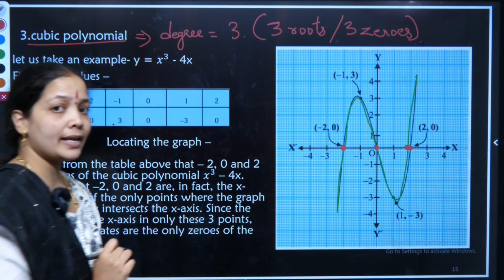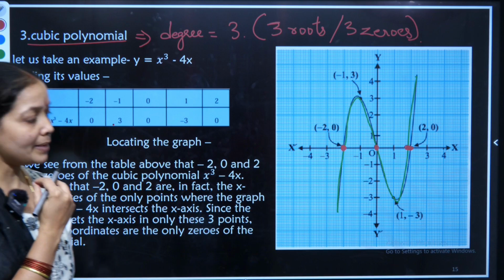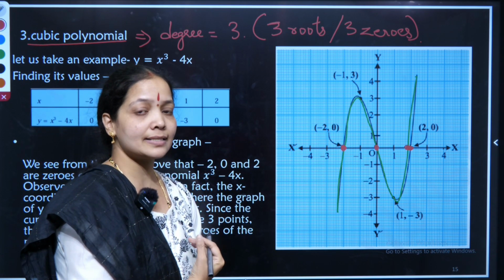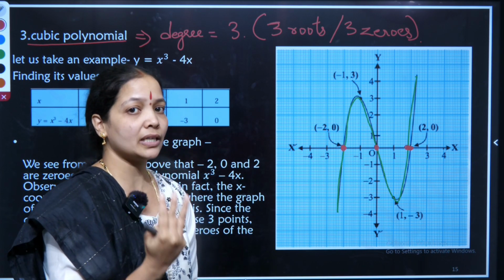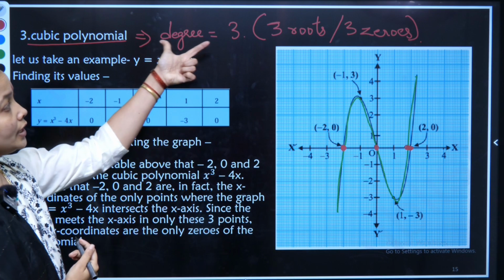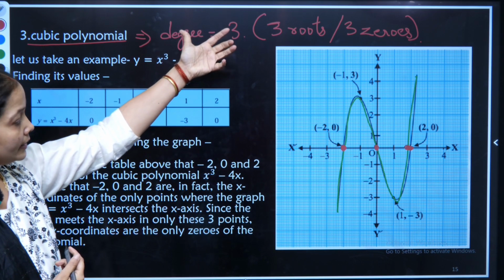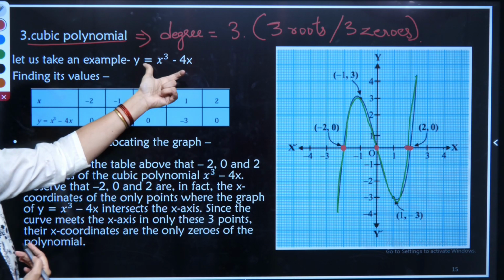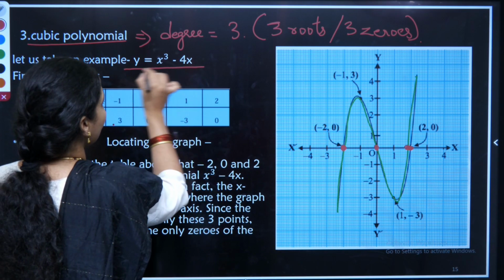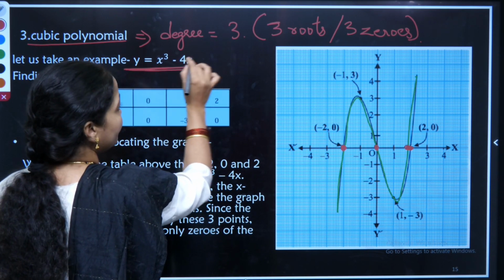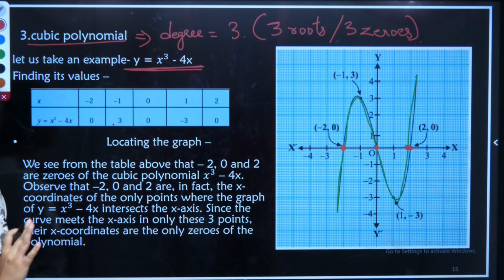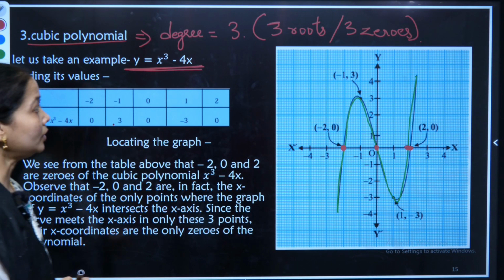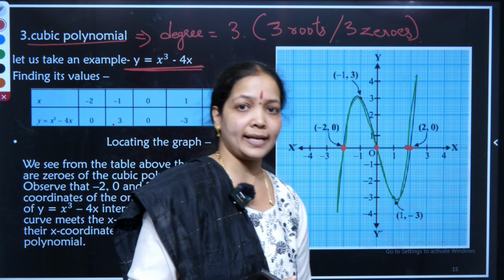So I can say a cubic polynomial will touch the x-axis at 3 different positions because the degree of the equation is 3. In this given polynomial, y is equal to x cube minus 4x. This is the given polynomial for which the graph is represented on the board.